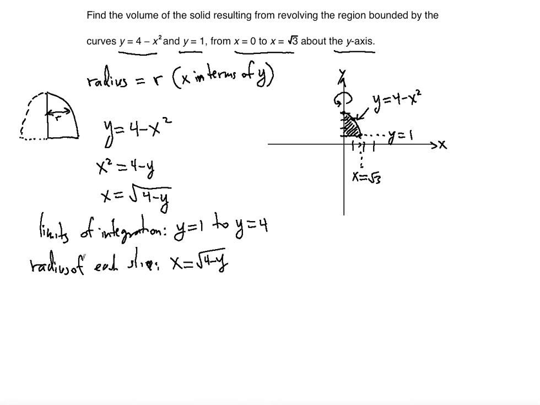So the radius of each slice is r is equal to x, which is the square root of 4 minus y.